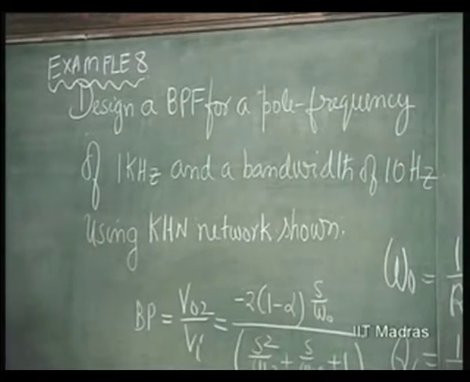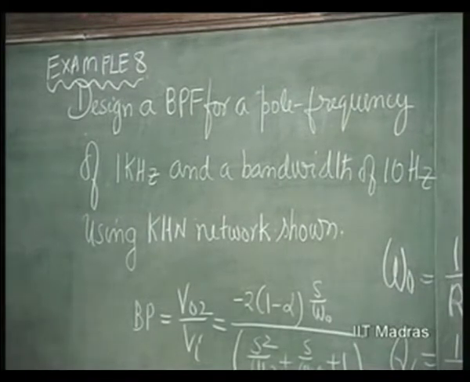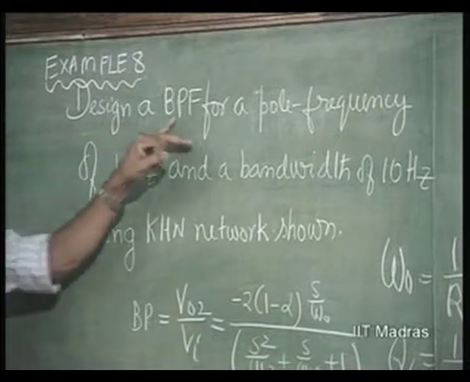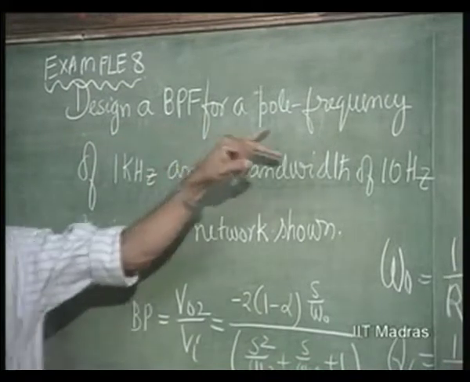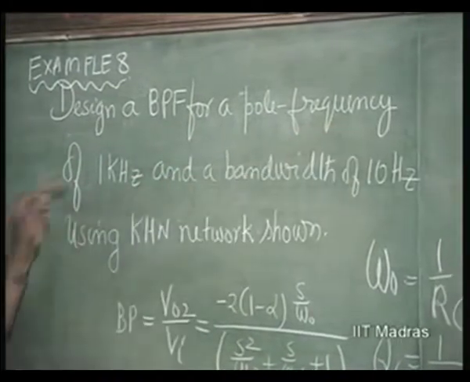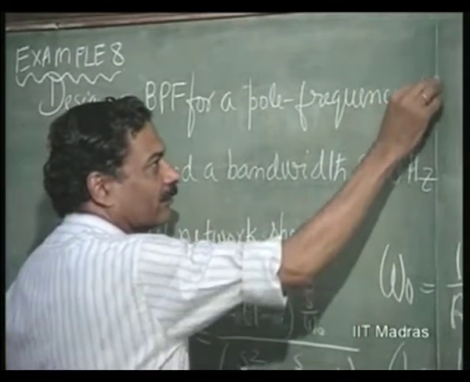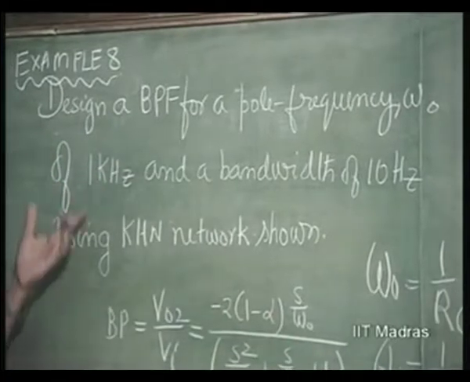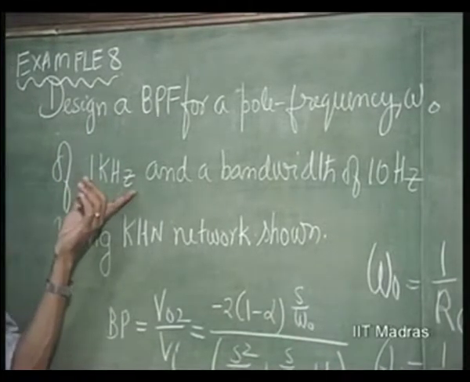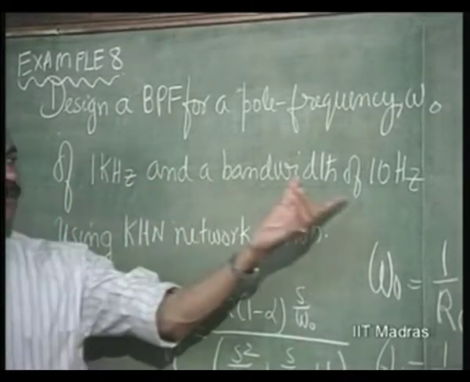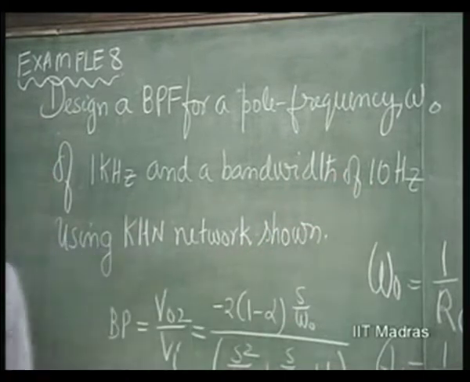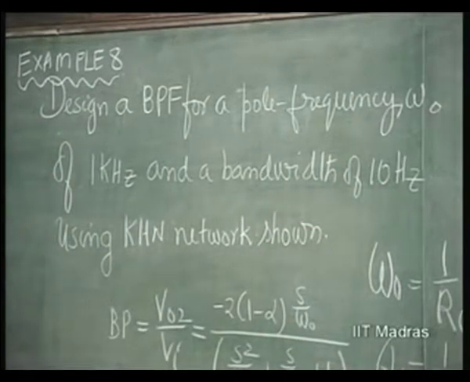So, let us now discuss an example of filters. Example 8: design a band pass filter for a pole frequency, let us call it omega naught, of 1 kilohertz and a bandwidth of 10 hertz.